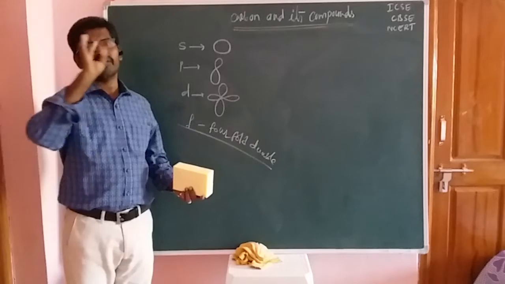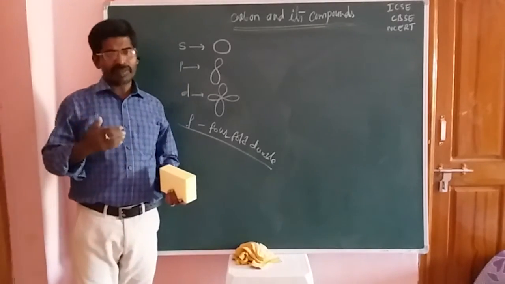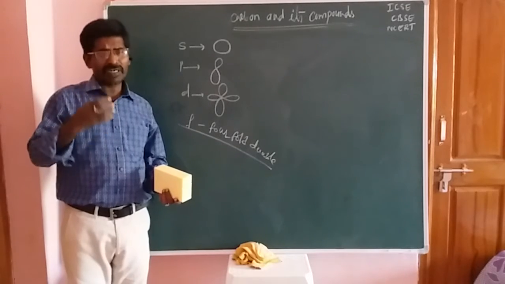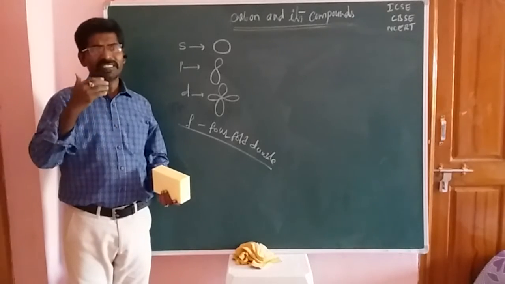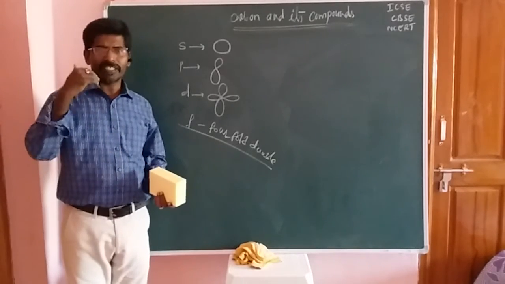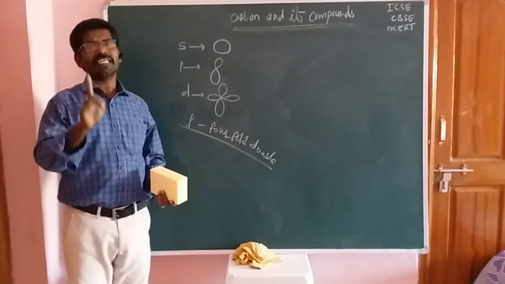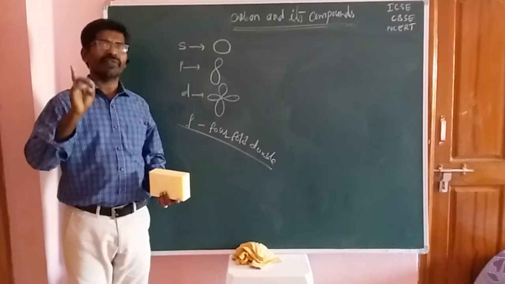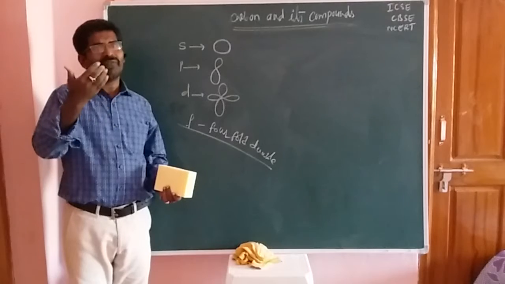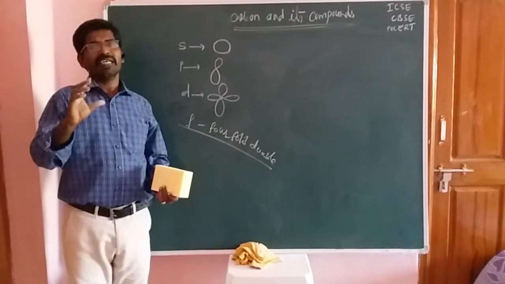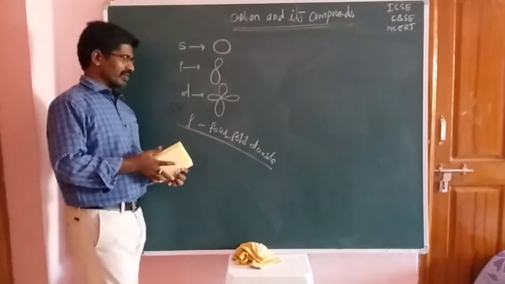Once again, atomic orbitals are combined to produce the same number of equal-sized hybridized orbitals. That phenomenon is called hybridization. The orbitals formed are known as hybridized orbitals. So this is the concept of hybridization.